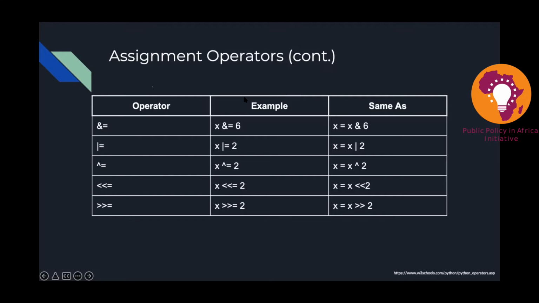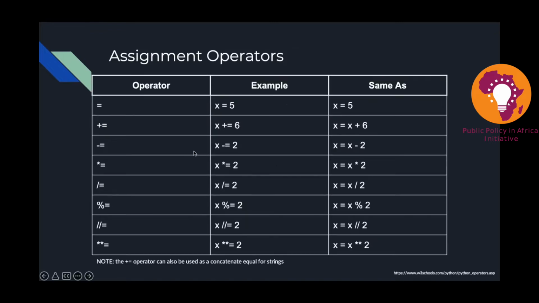So I'm just going to skip over these. But if you do want to know more about these, I will have some links at the end so you can learn more about these. But at the moment you just know that these are there, but we're not really going to be using them very much. However, the previous ones, these ones are really important, and these ones will definitely be used.